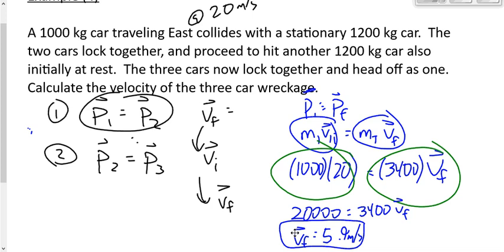We have three cars taking all of the momentum away. The velocity of the three-car combination afterwards should be less than the velocity of the one car before the collision, right? Make sense? Less mass, more velocity; more mass, less velocity, if the momentum is remaining the same. Got it?